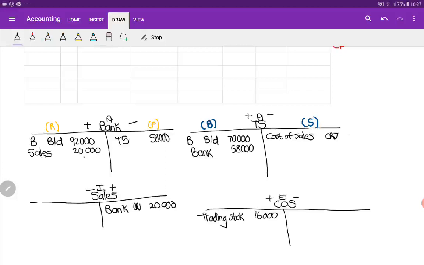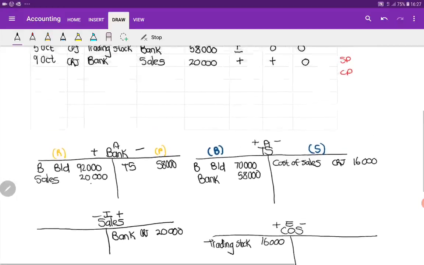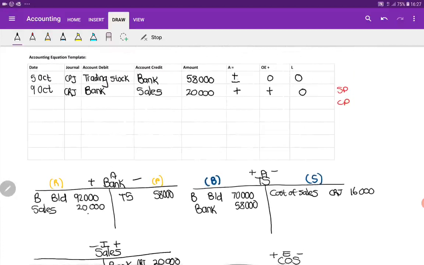This will be recorded in our cash receipt journal. So account debited, cost of sales. Account credited, trading stock.